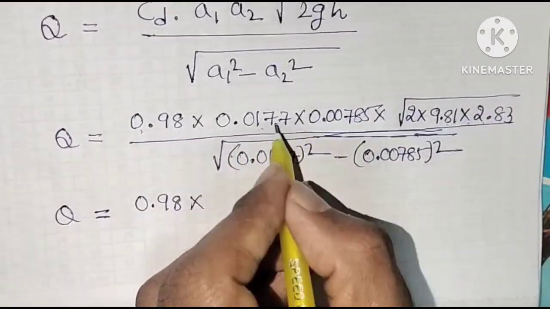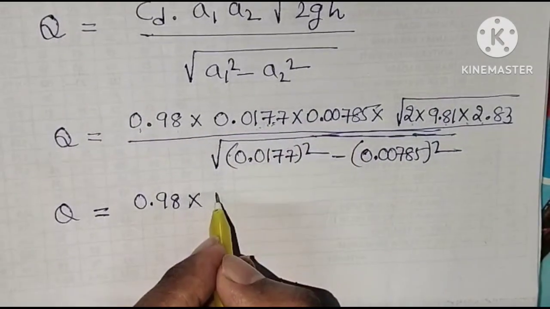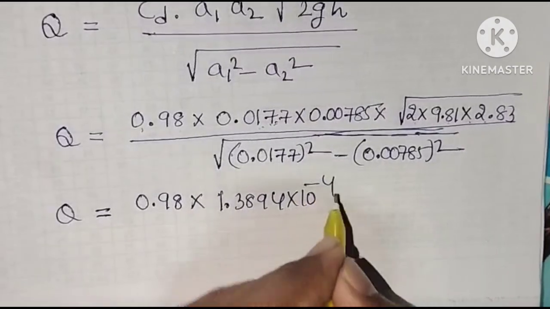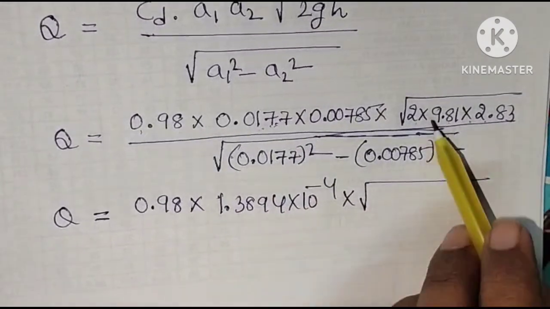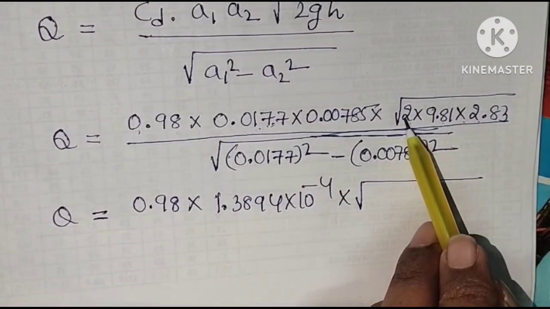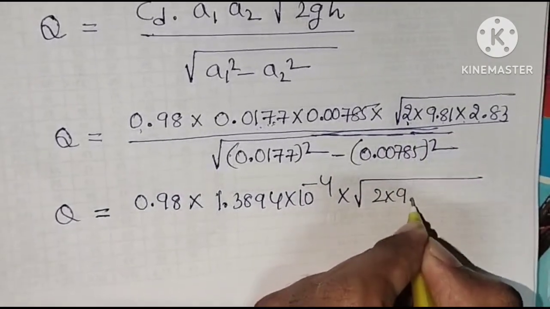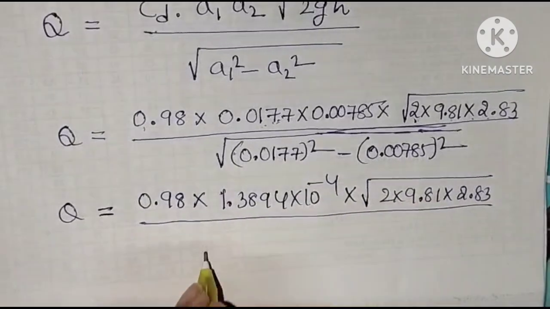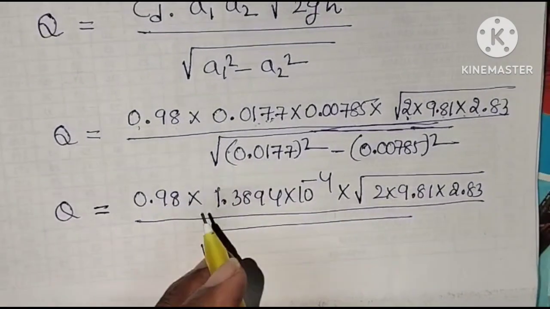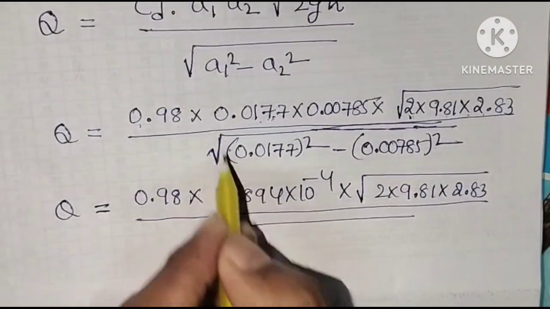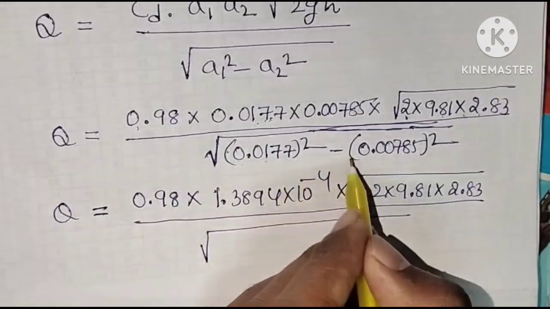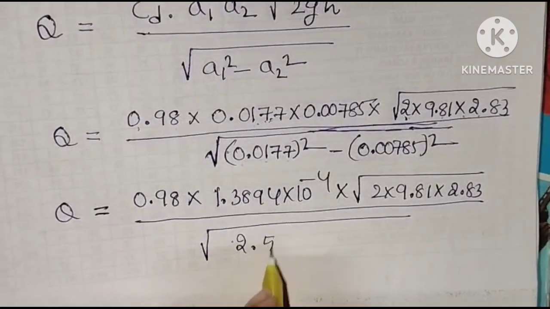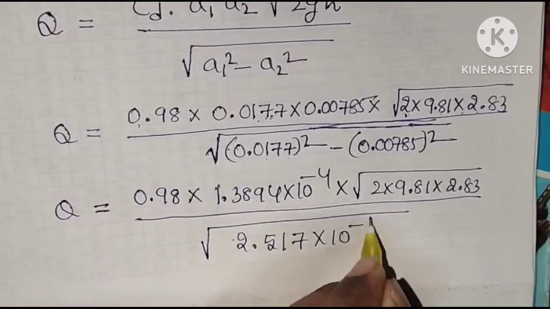If you multiply the two areas A1 and A2, you will get around 1.3894 into 10 to the power of minus 4, into root over 2 into 9.81 into 2.83, whole divided by root over. If you simplify 0.0177 whole square minus 0.00785 whole square, you will get approximately 2.517 into 10 to the power of minus 4.